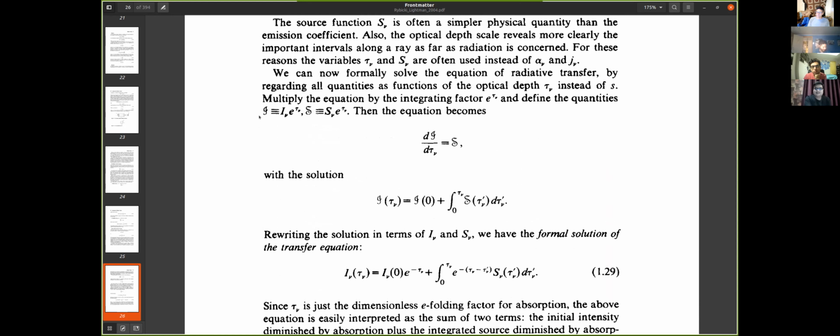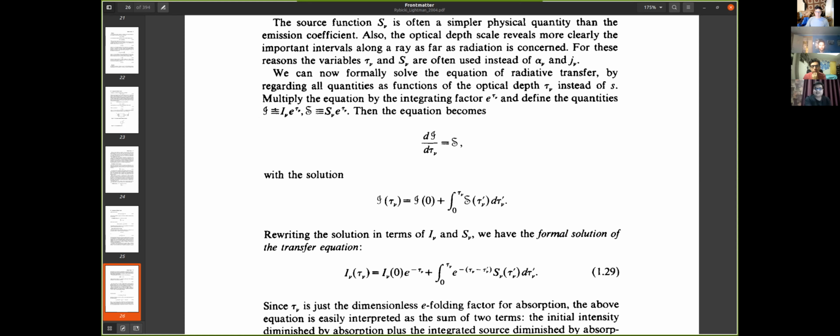He introduced two different variables, capital I and capital S, and he wrote the value as it's mentioned.